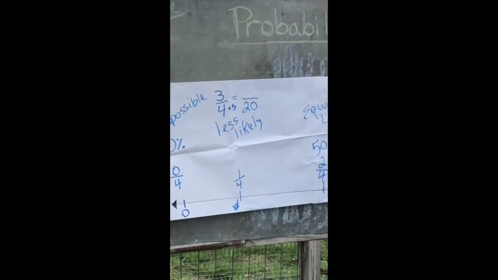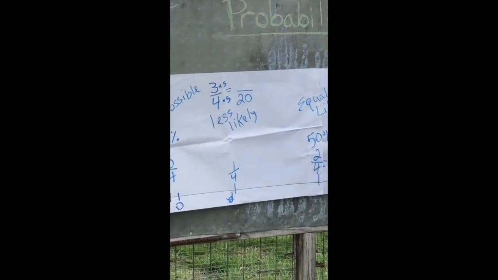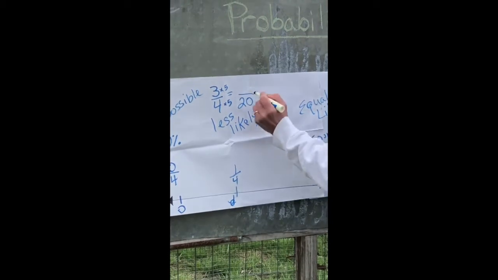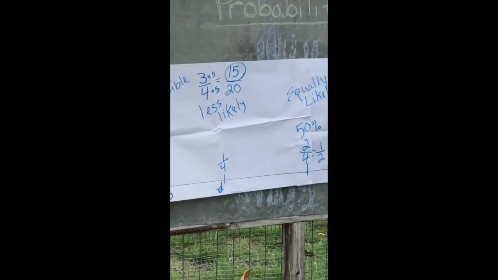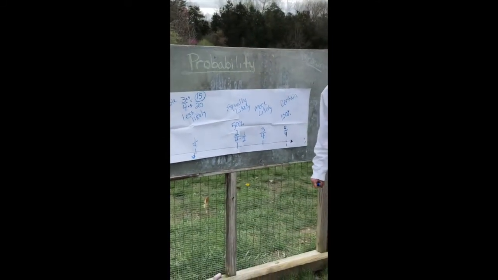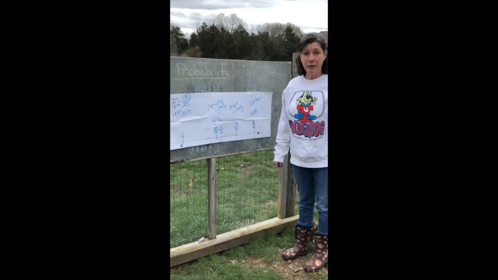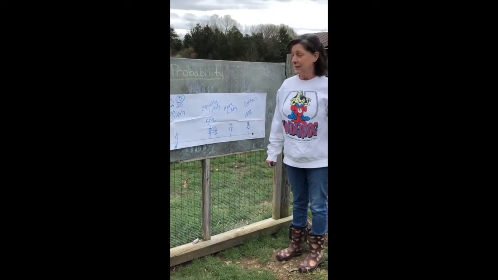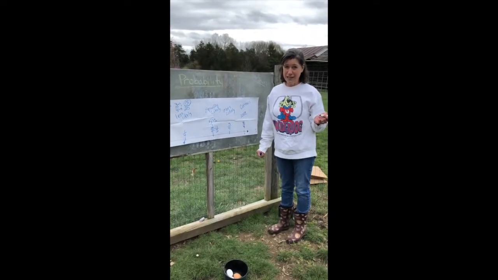So whatever we do to the bottom, we got to do to the top. So we're going to multiply by 3 times 5, and that's going to give us 15. So there's our prediction. I'm predicting that if I pick from that bucket 20 times, 15 of those times it'll be a white egg. All right, I'm ready to do my experiment. I'll be back to you when it's over.